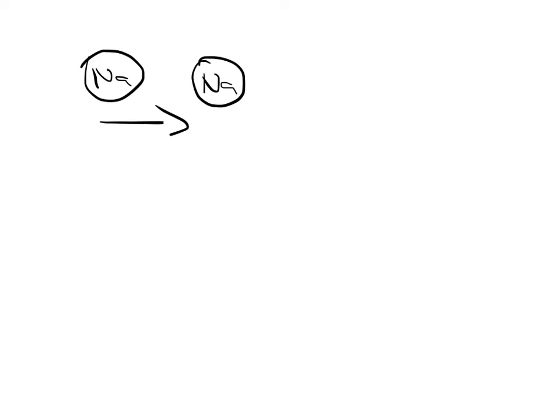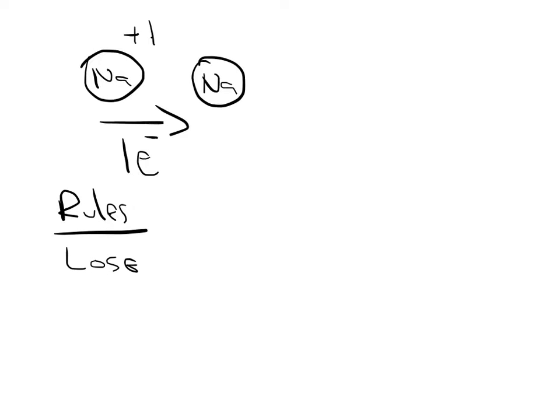Illustrating that joke, we have two Na. If this Na loses one electron, it will now become a +1 charge. So the rules here, just to keep it straight: lose electrons, you become positively charged.